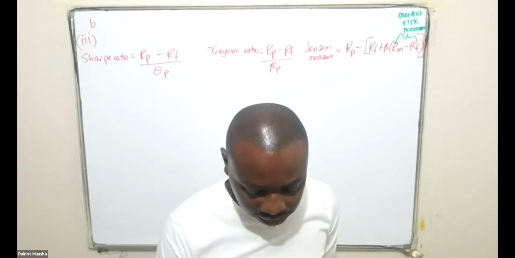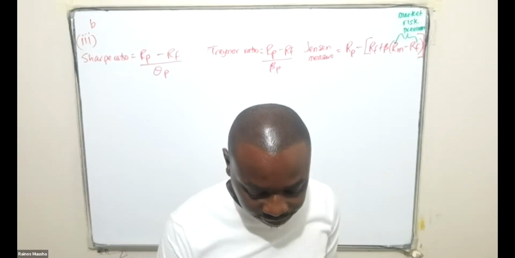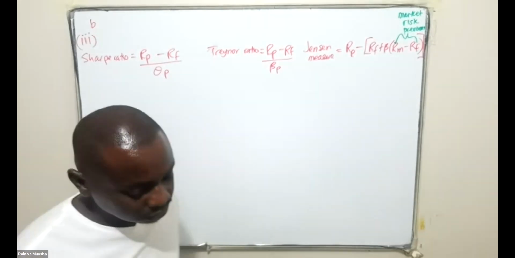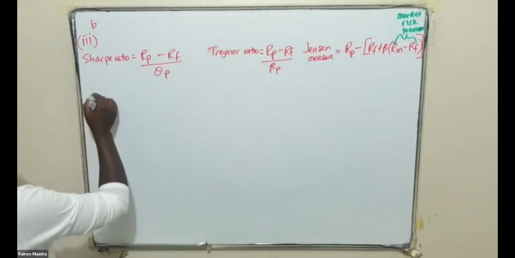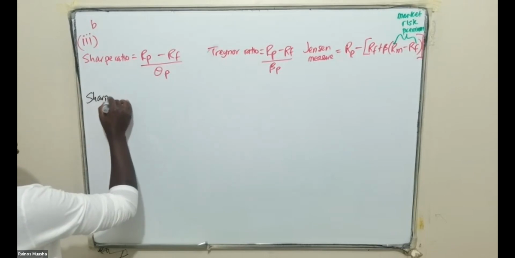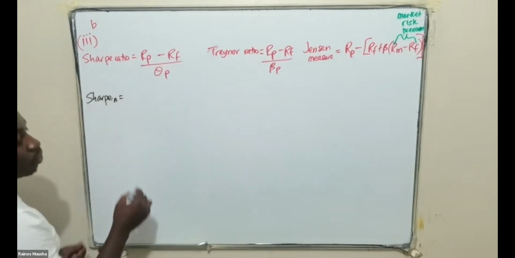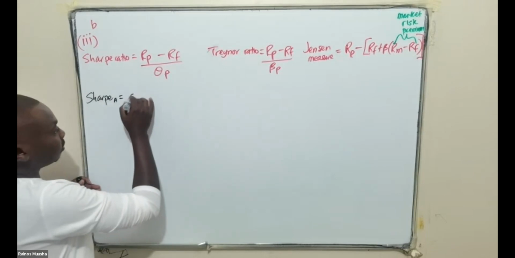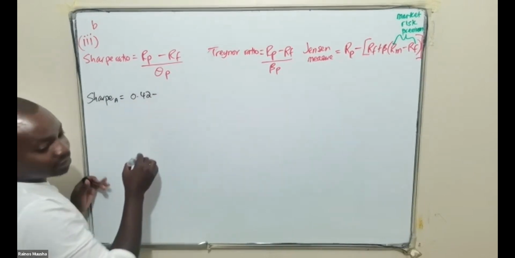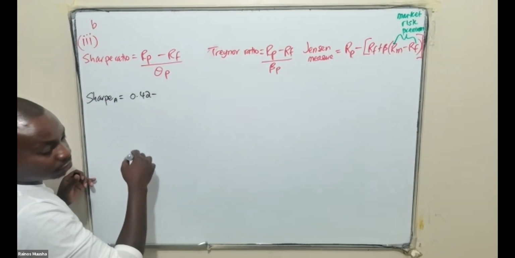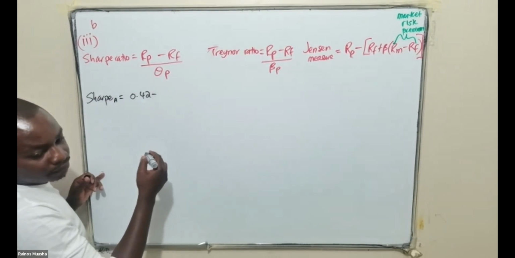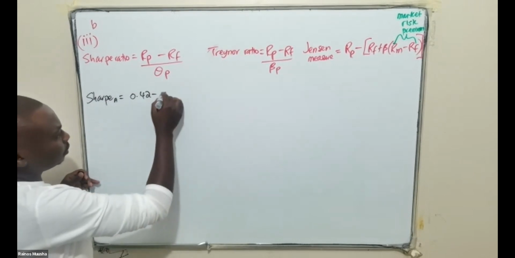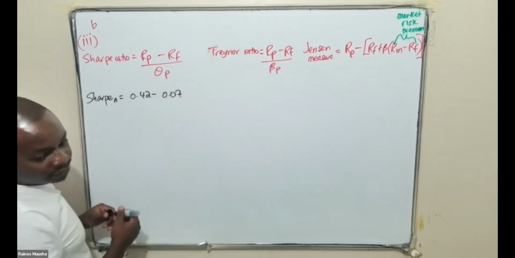So to do the calculation, we say the Sharpe ratio of portfolio A is equal to the return of the portfolio as a decimal of 0.42 minus the risk-free rate as a decimal. Remember, they say the risk-free rate is 7%, which is 0.07.